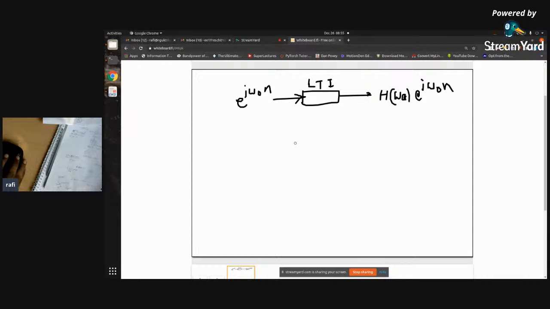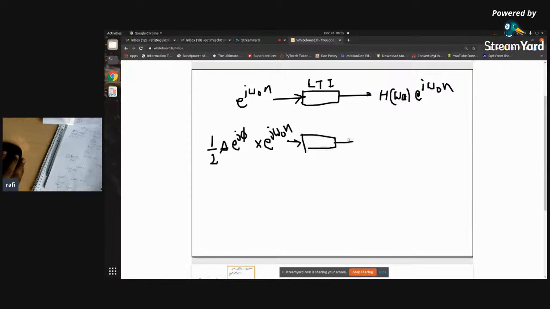Now if we multiply it with half a into e power j phi, all constants, into this e power j omega naught n, what will be the output?